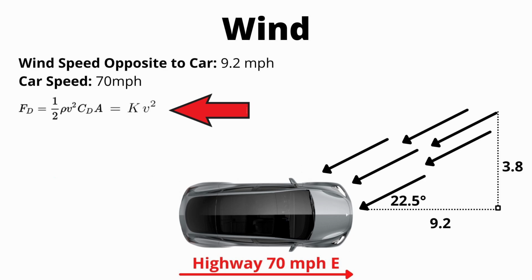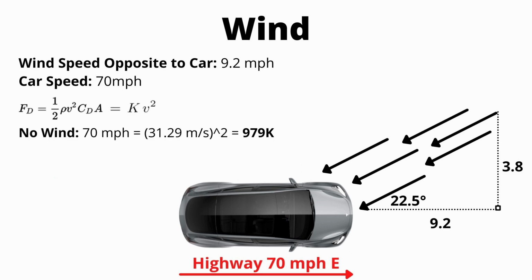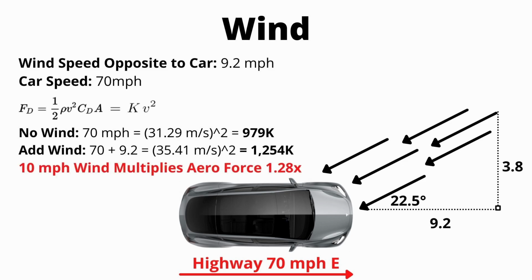So with no wind traveling at 70 miles an hour, the force of drag is equal to 31.29 meters per second squared multiplied by k, which comes out to 979 k. Then we're going to add wind, so we'll use our 10 mile an hour wind example, and that comes out to 1254 k. So traveling at 70 miles an hour with our 10 mile an hour headwind from the example multiplies the aerodynamic forces by 1.28 times.